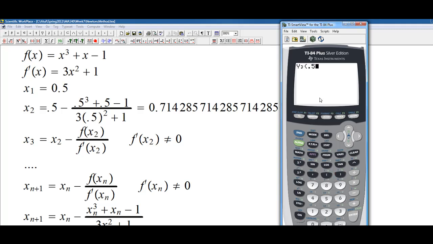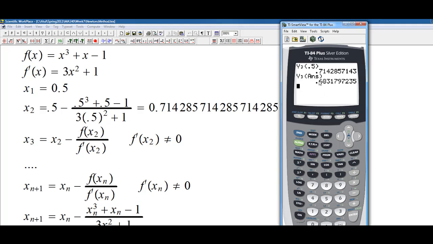So if we substitute our very first guess, you can see we have the same answer. And then instead of substituting it directly, we can put the second answer, that is the value that we have here.